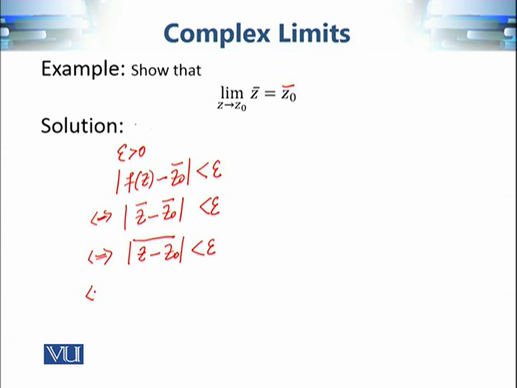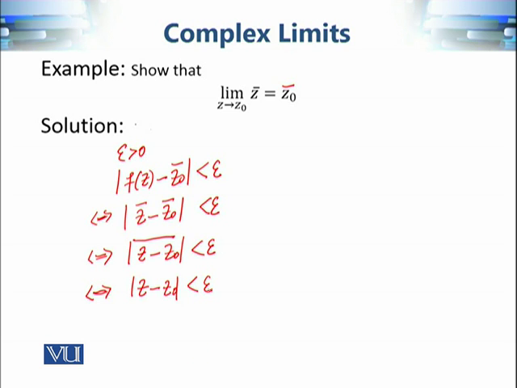We are just using elementary properties of complex numbers, and we also know that the modulus of a complex number and the modulus of its conjugate are the same. So this implies the modulus of z minus z0 should be less than epsilon.